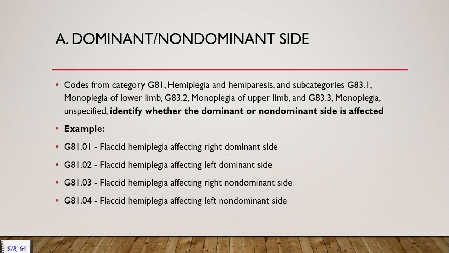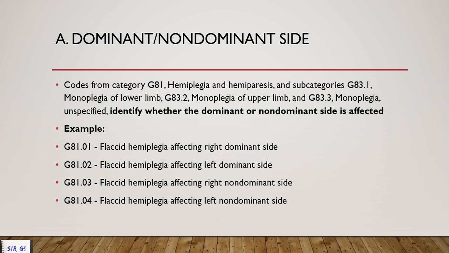dominant/non-dominant side. The common example most of the time is when we encounter conditions like cerebrovascular accident. The complication there is like hemiplegia or hemiparesis, or left-sided weakness or right-sided weakness. In order for us to code them properly, we need to know the dominant and the non-dominant sides of the patients.